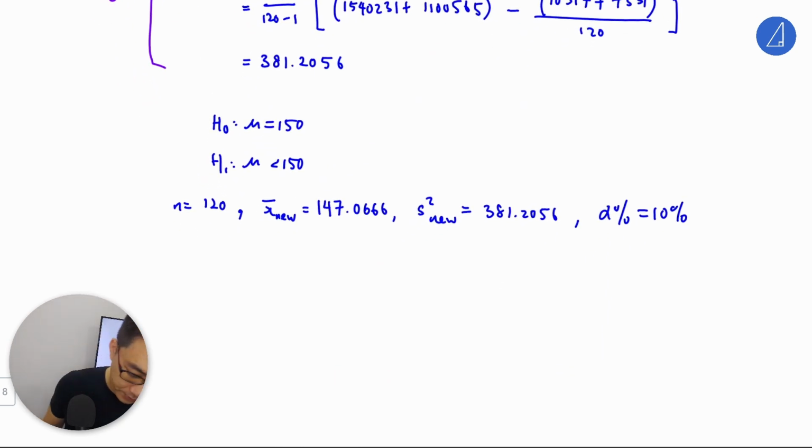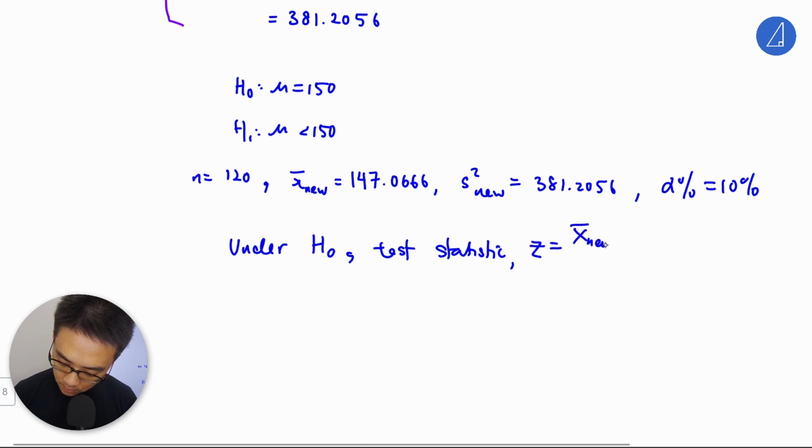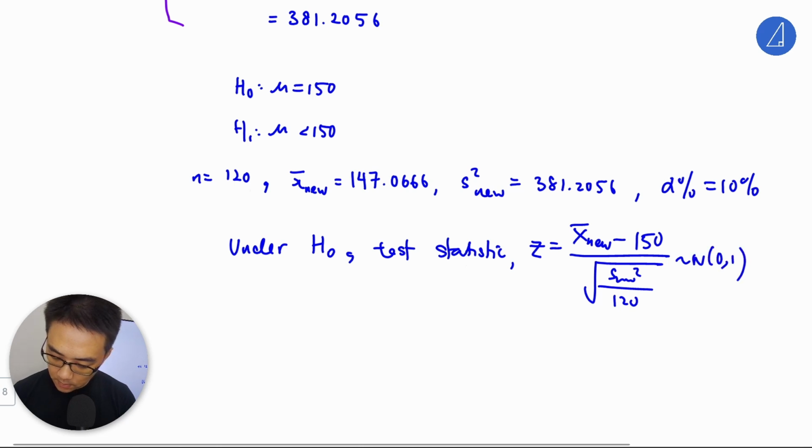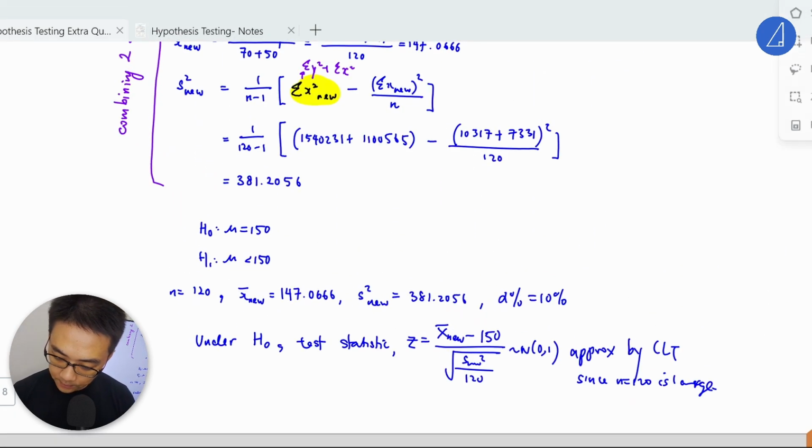Then we approximate by CLT again. There you go.